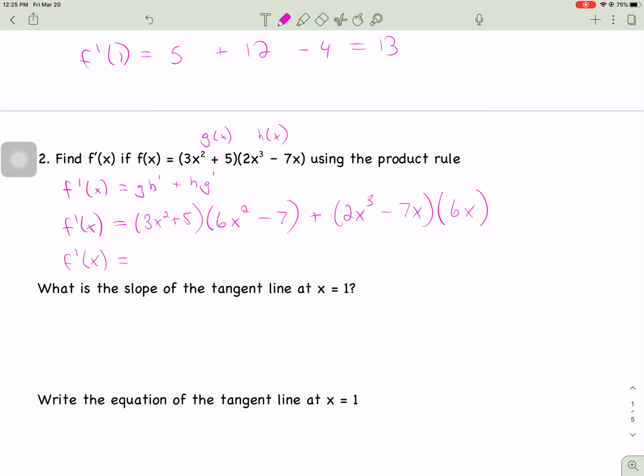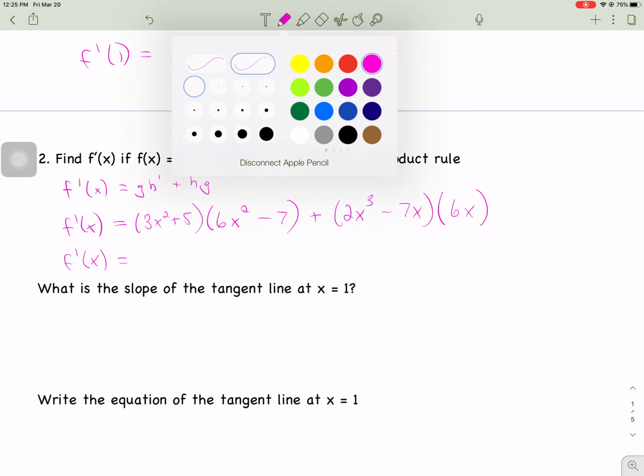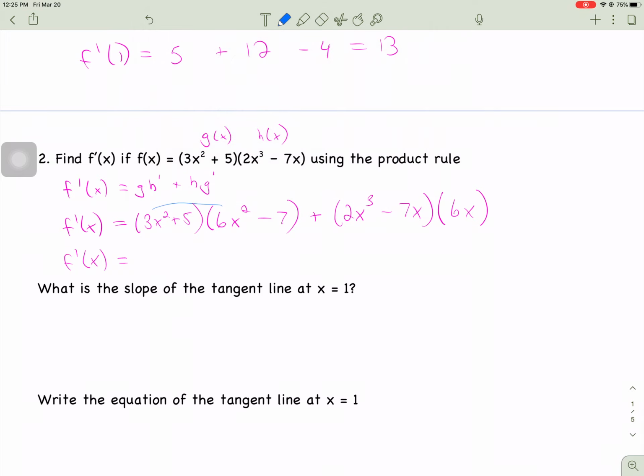And yeah, it is kind of nasty, I get that, but we got to do it. 18x to the 4th minus 21x squared plus 30x squared minus 35, and then over here, a lot easier, plus 12x to the 4th minus 42x squared.